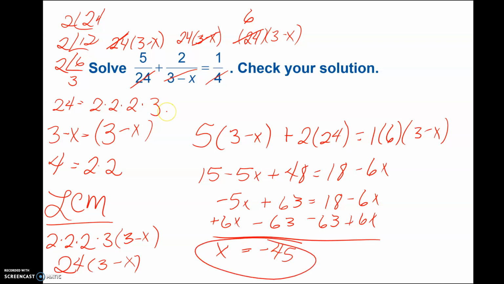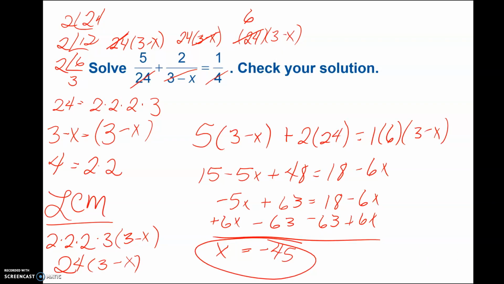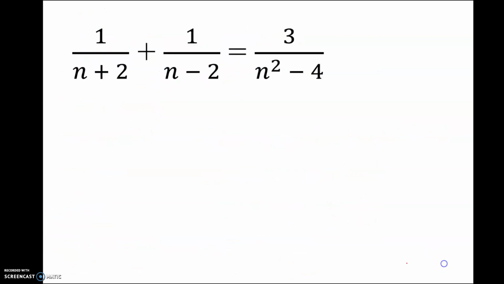And I can see that when I plug that in, I'm not going to get a 0 down there, so that kind of helps that that's going to work for my answer.